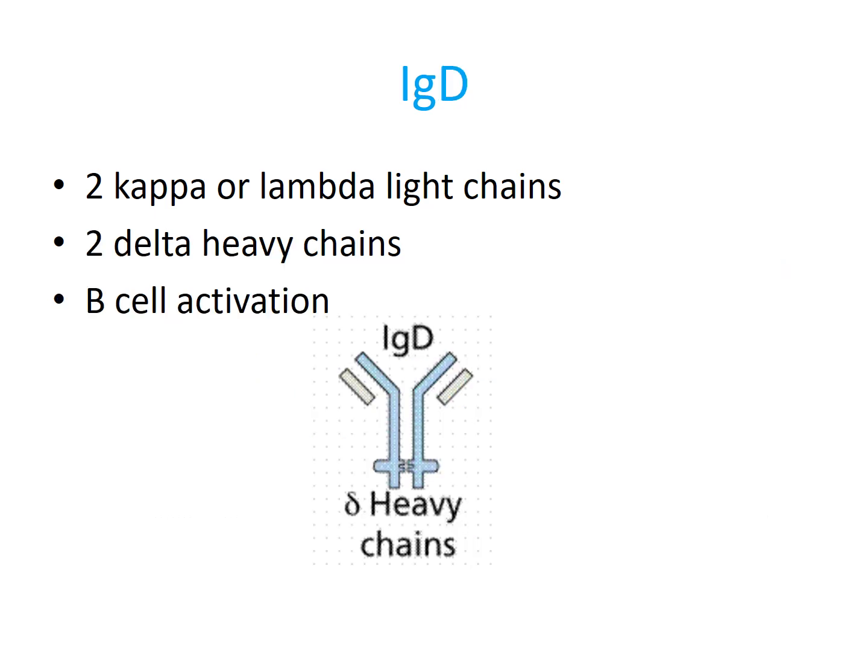IgD, again, 2 kappa or lambda light chains along with 2 delta heavy chains. And the function of IgD is really just B cell activation and maturation. It's expressed when the B cell exits the bone marrow to populate the peripheral lymphoid tissues.